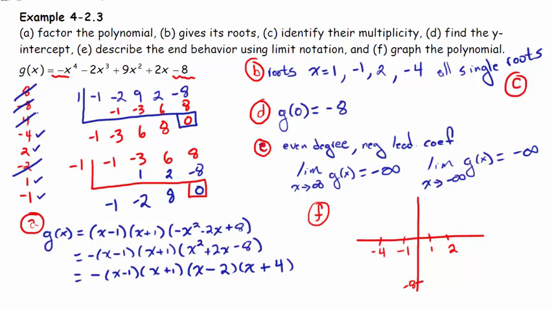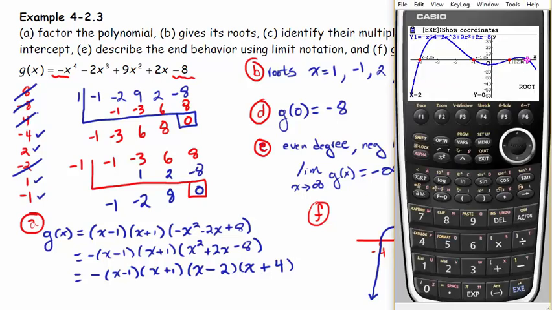Okay, both my ends are going down, so I'm going to start off here, go through negative 4, back down through negative 1, y-intercept of negative 8, up through positive 1, and then back down through 2, which hopefully resembles what we had in the calculator here.